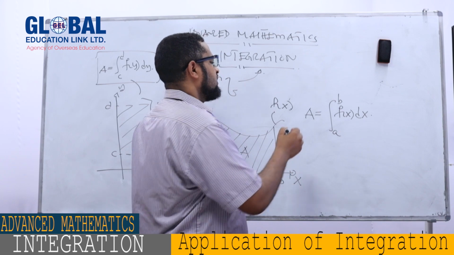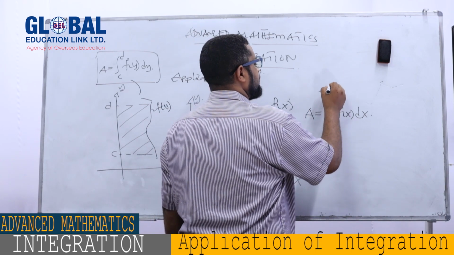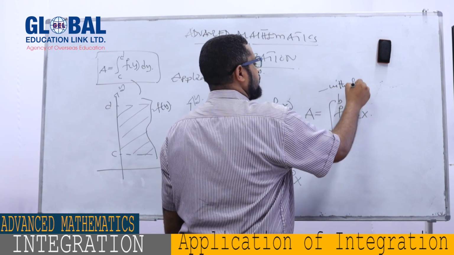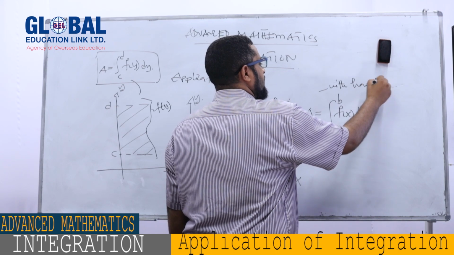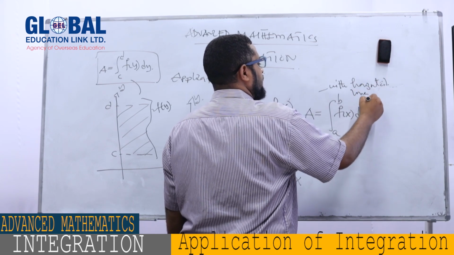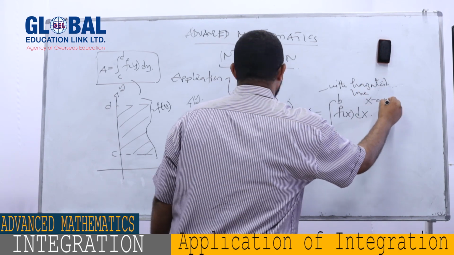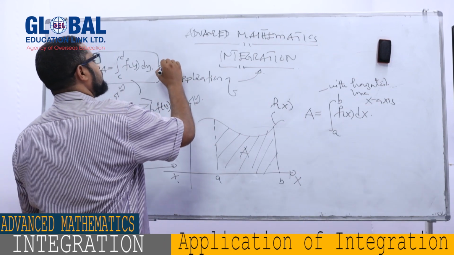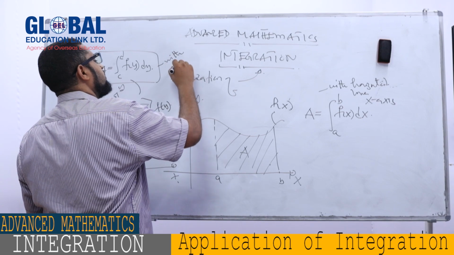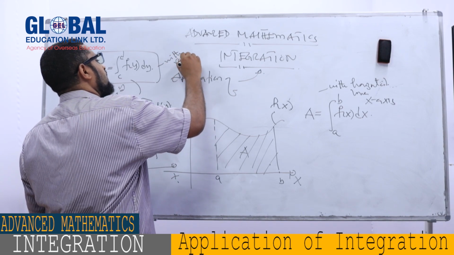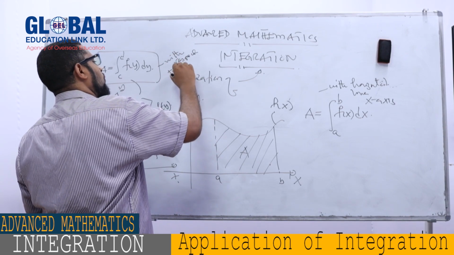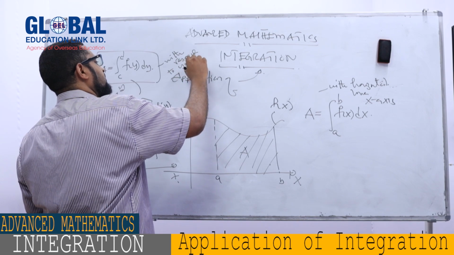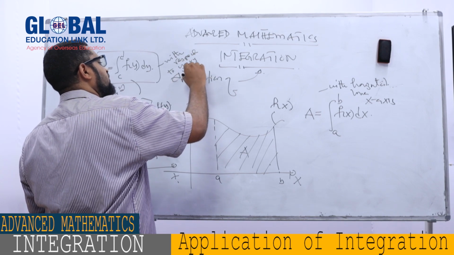As I said, f of x dx is when the function is with the horizontal line or the x-axis. But this one is when the graph is drawn with respect to the y-axis or the vertical axis.